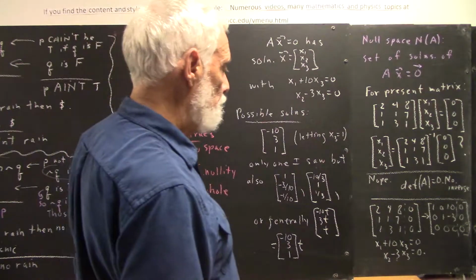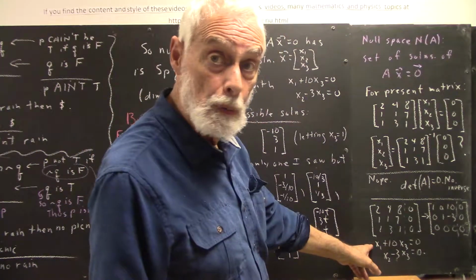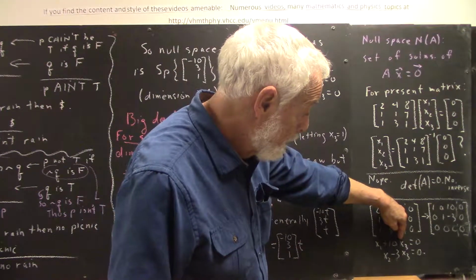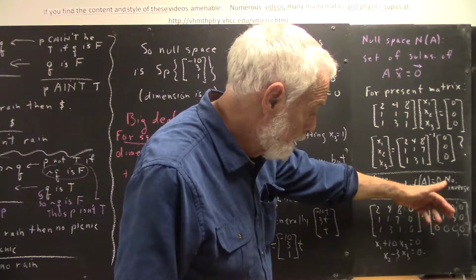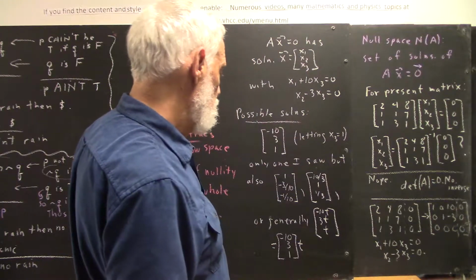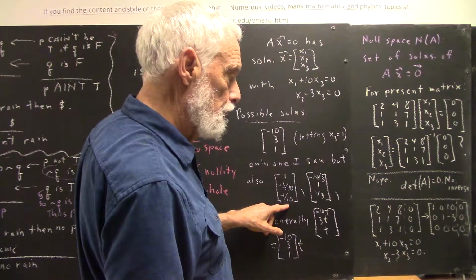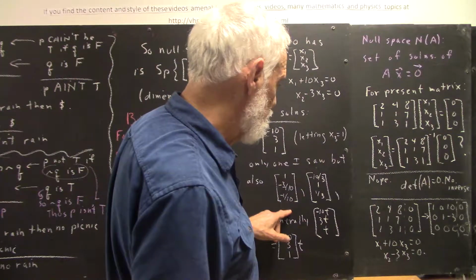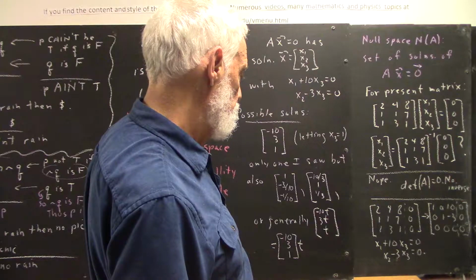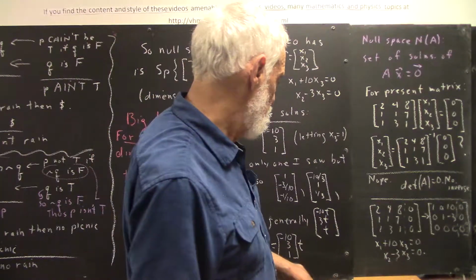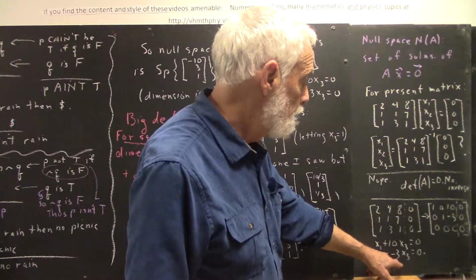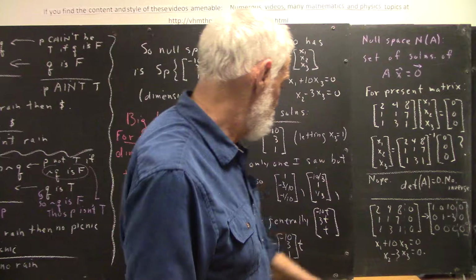Okay, but we could also have let x1 equal 1. If x1 is 1, then x3 has to be what? Well, 1 equals negative 10x3, so x3 is negative 1/10. And if x3 is negative 1/10, then substituting negative 1/10 for x3, x2 is going to equal negative 3/10.